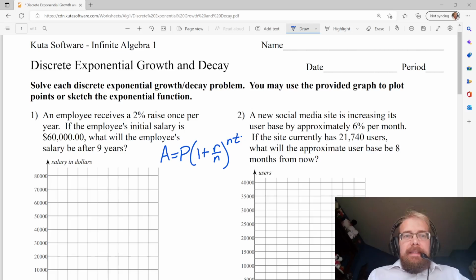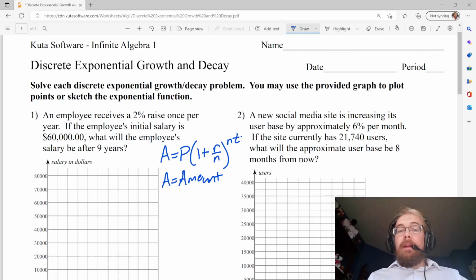For instance, with number 1, an employee receives a 2% raise. Oh, by the way, A is the ending amount. So let's define what all these letters mean. A for amount. That's like the answer, right? It isn't always the answer, because sometimes you're not solving for the future value.